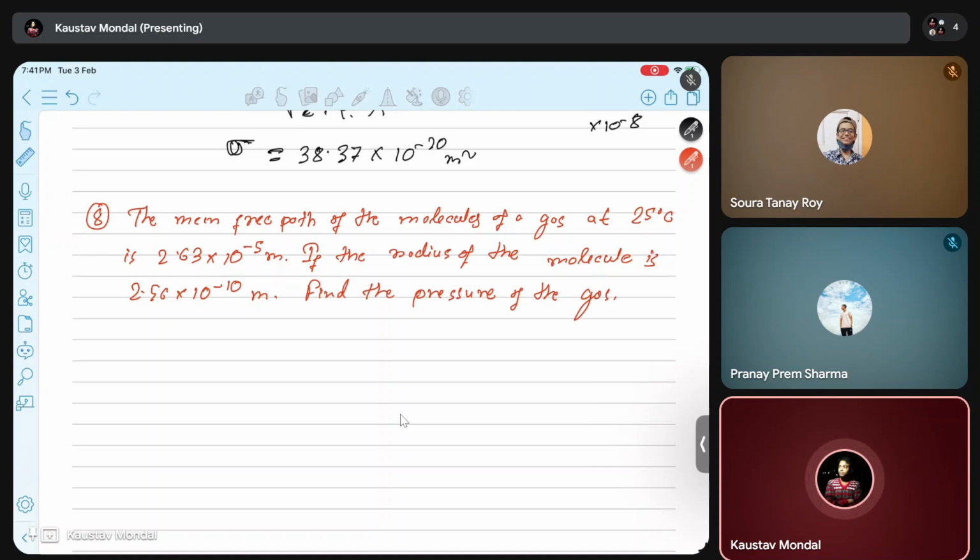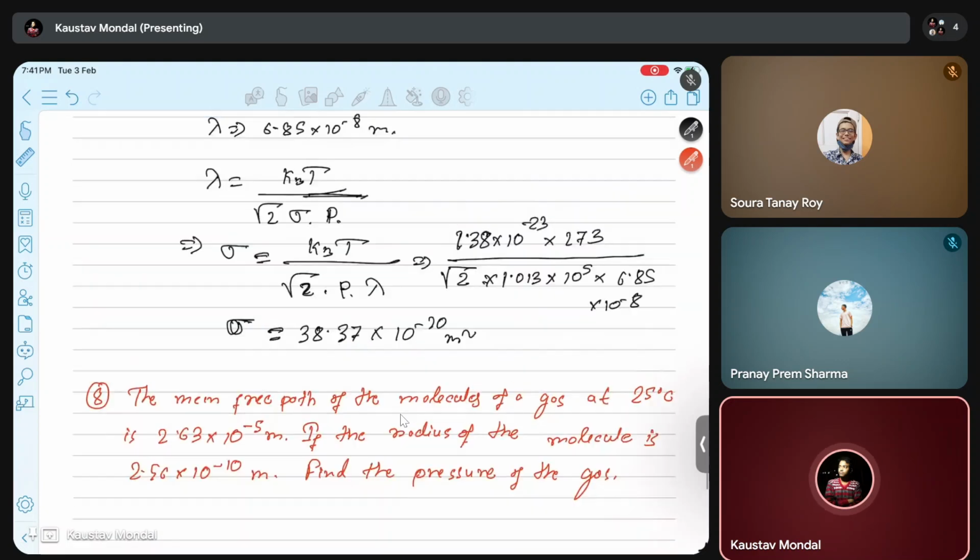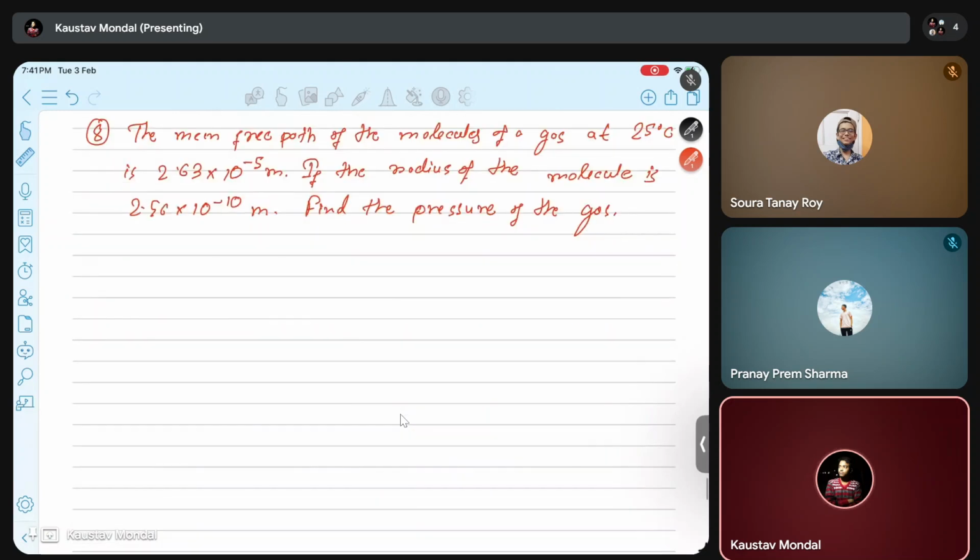So we have to use this other formula, the previously written formula. You cannot use kinetic theory here since the mean free path and the radius are given. So we can calculate the cross section area, and we know the lambda. From there itself we can calculate the pressure.